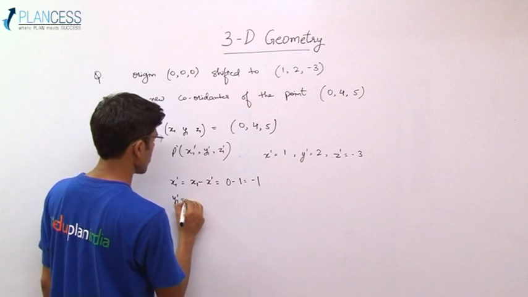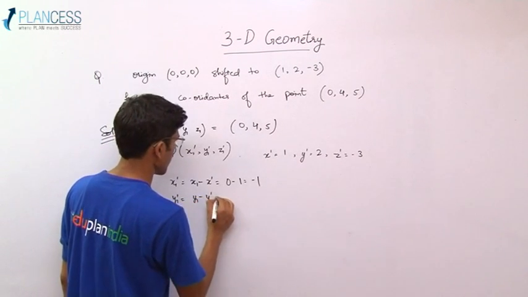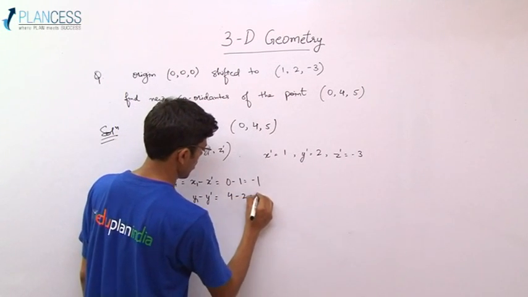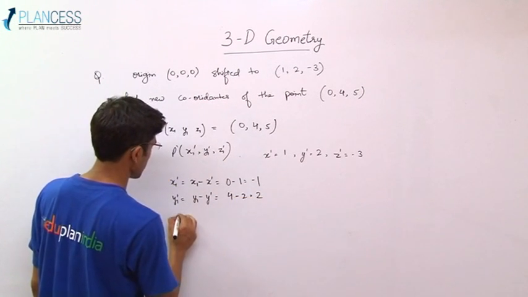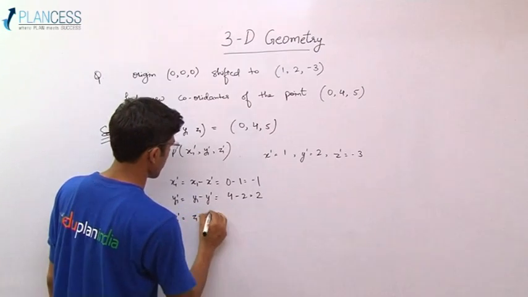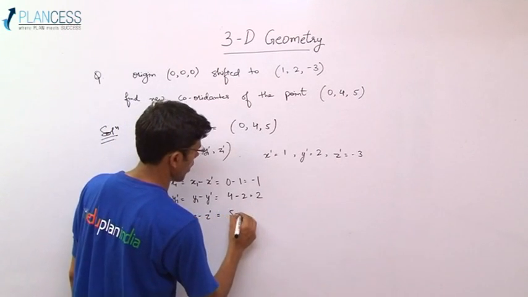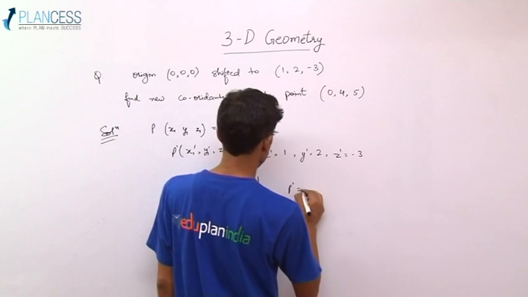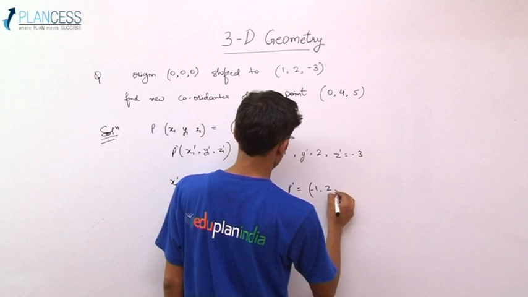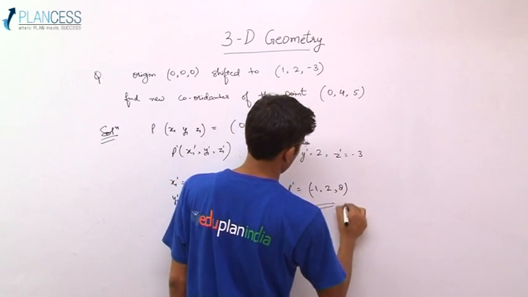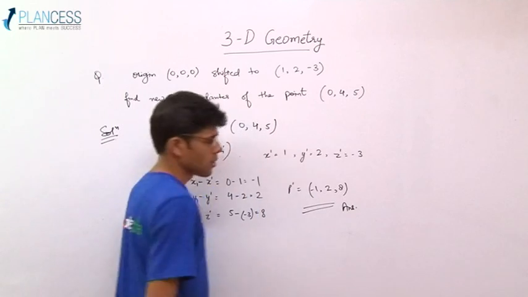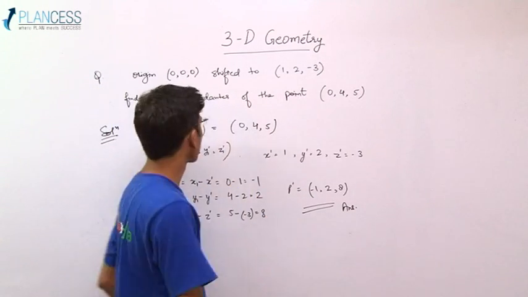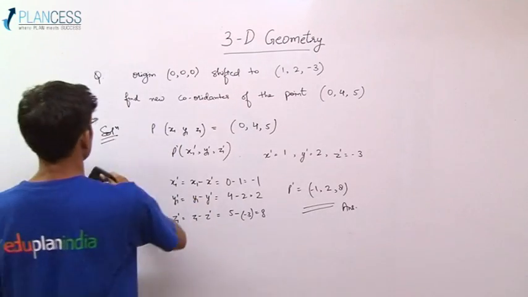Similarly y1 dash is y1 minus y dash, equals 4 minus 2, equals 2. Similarly z1 dash is z1 minus z dash, equals 5 minus (minus 3), which is 8. So P dash is minus 1, 2 and 8. In this way we can find the new coordinates of the system under the translation of axes. Let's take one more example.